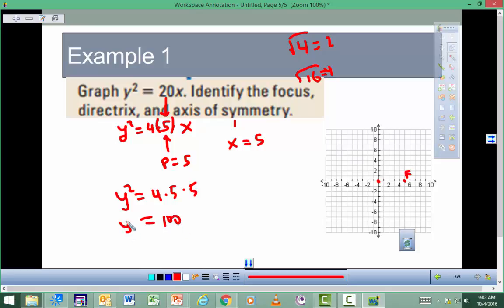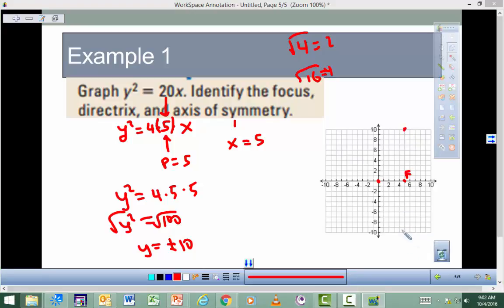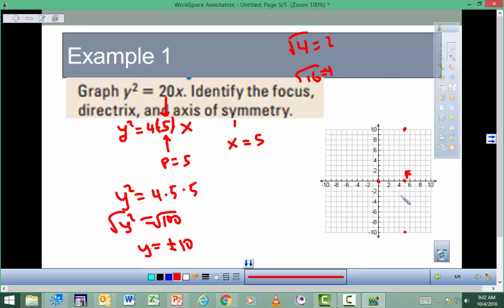So then I have y squared is equal to 100, and I take the square root of both sides and get y is equal to plus or minus 10. Does that make sense? So when x is equal to 5, that's the location of our focus point. The y coordinate would be plus or minus 10. You see?